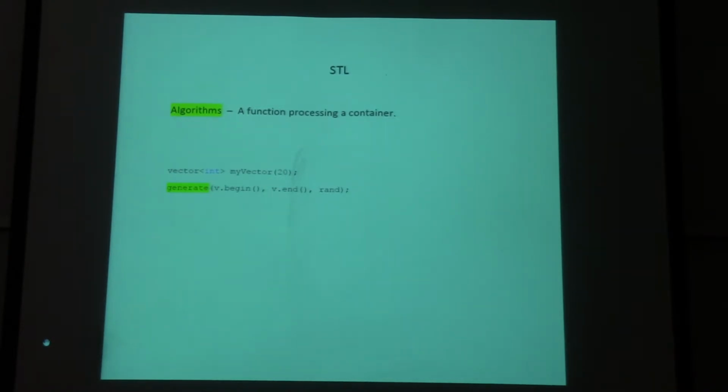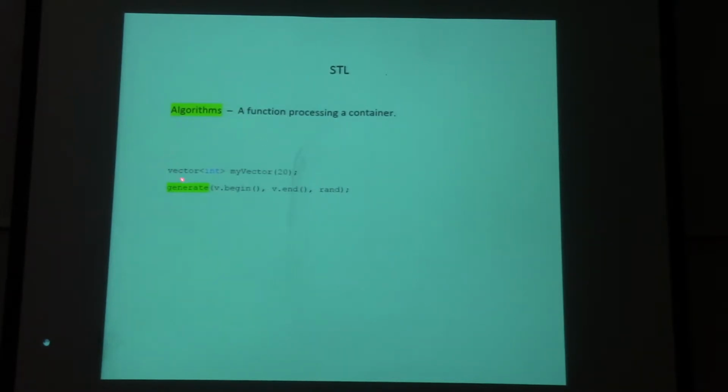What's v begin? It marks the beginning of the vector. What's v end? Marks the end of the vector. Do we know what type the vector is? The vector is a vector int. Therefore, the compiler knows that this is a vector int. Therefore, this is going in as an int pointer.